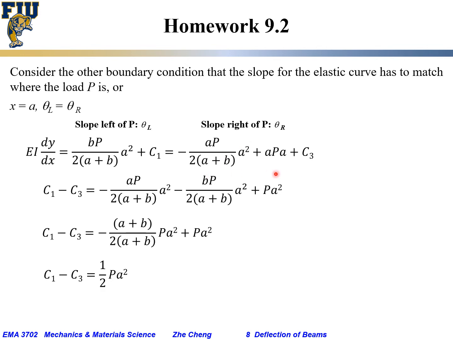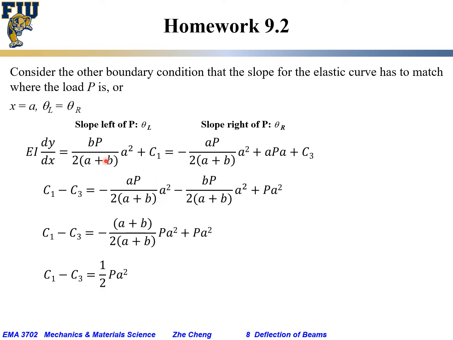And again, we keep C1 on the left, C3 moved to the left side has a negative sign, and minus AP over 2 (A plus B) A squared.